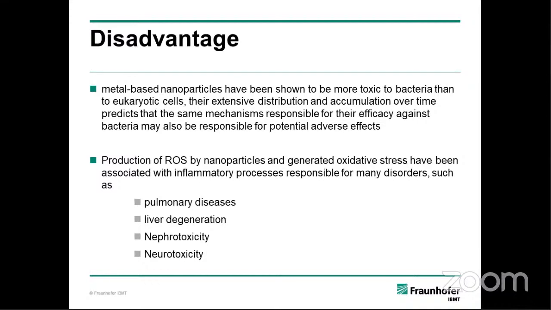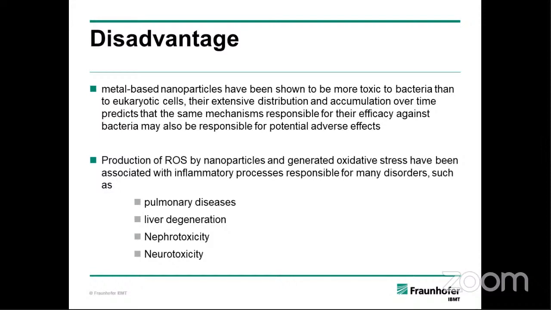So we have to find ways. If these metal-based nanoparticles stay in the body for a long time, they can also produce ROS, reactive oxygen species, and oxidative stress or an inflammatory response within humans, which can cause pulmonary diseases, liver degeneration, nephrotoxicity, or neurotoxicity.